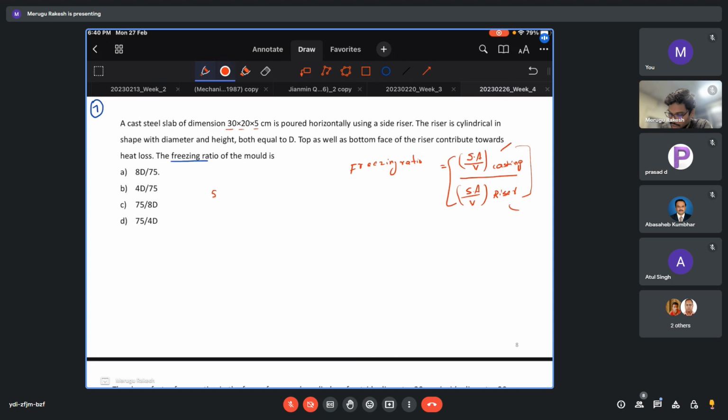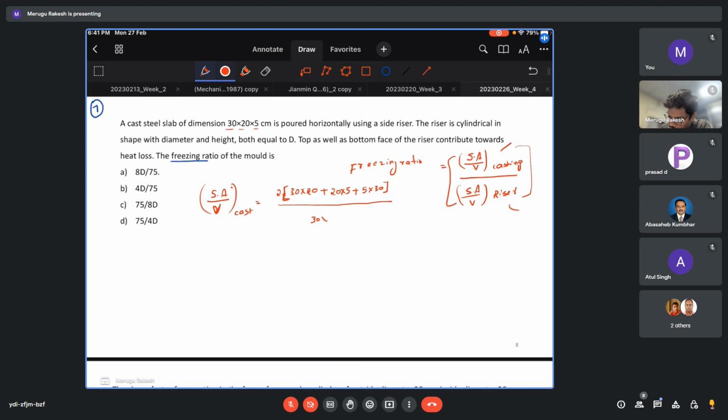So initially, surface area of the casting divided by the volume of the casting. So the surface area of the casting will be 2 times, 30 into 20 plus 20 into 5 plus 5 into 30. So this is the surface area. Divide by the volume.